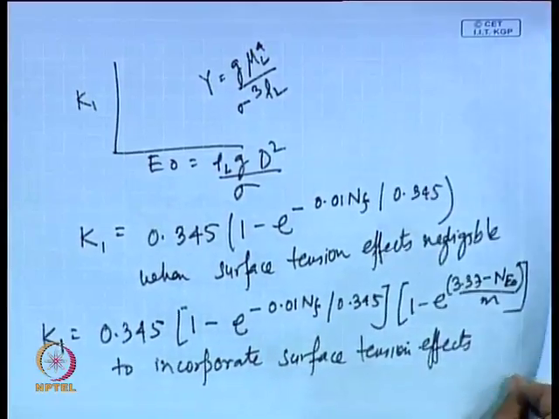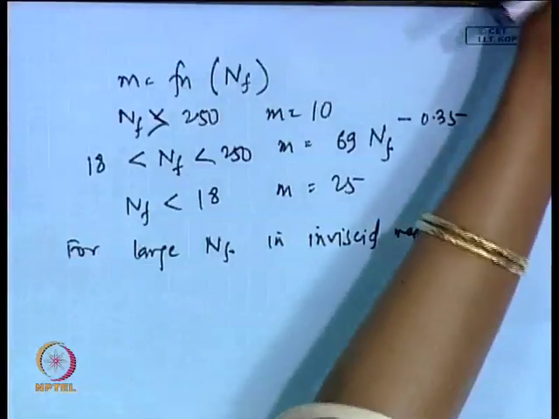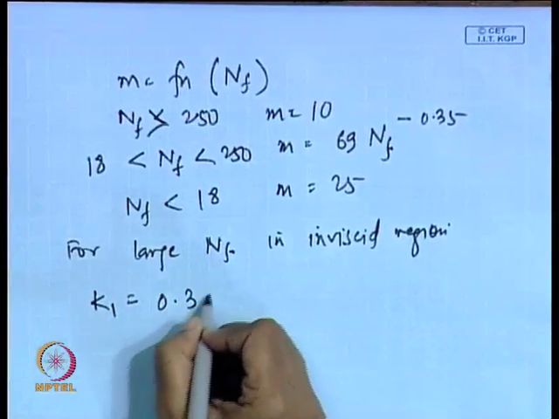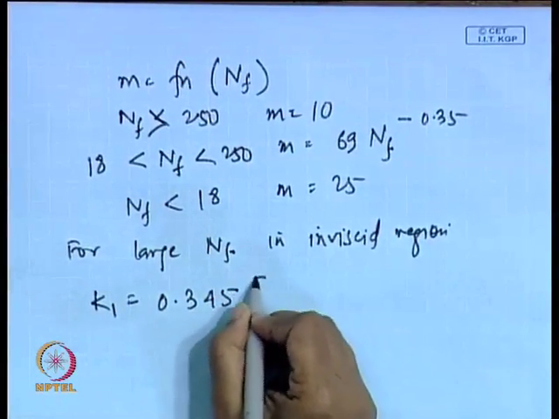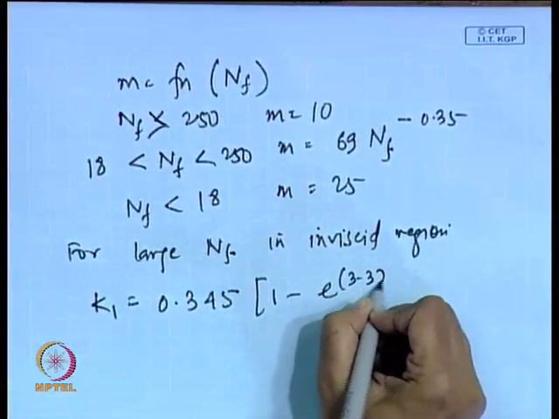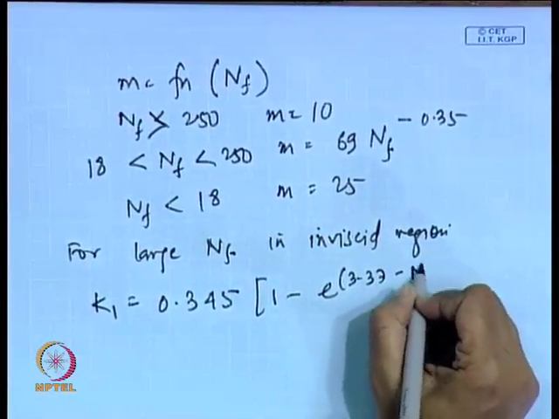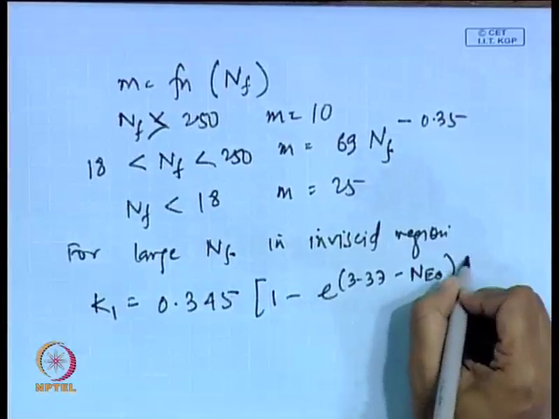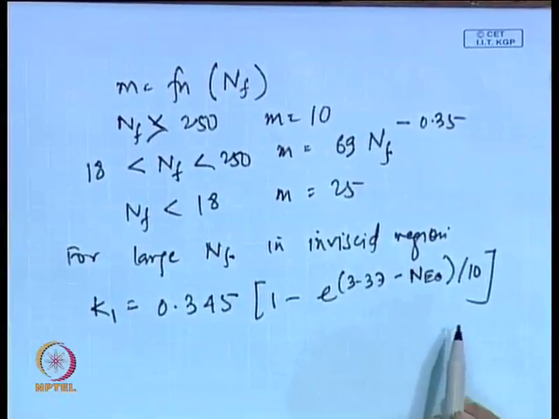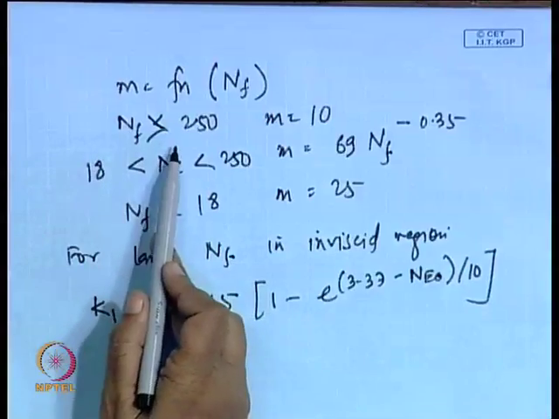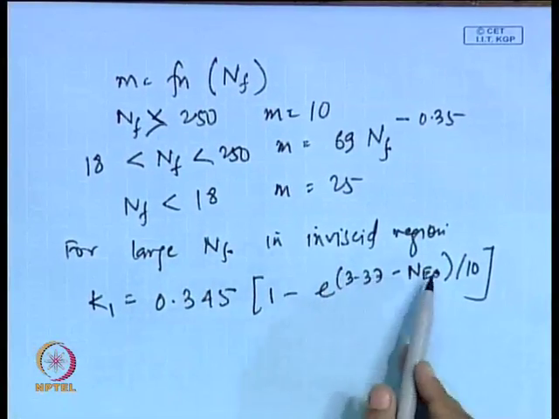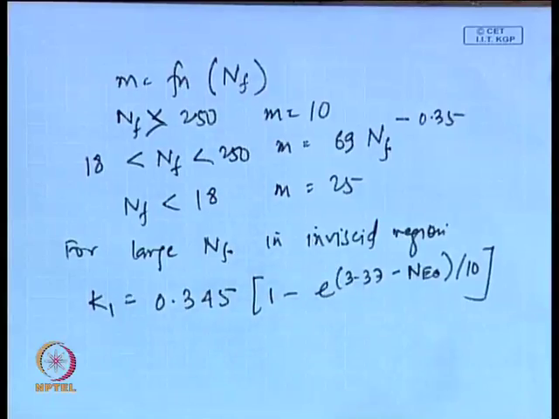So under those conditions we can write K1 equals 0.345 times 1 minus e to the power 3.37 minus the Eotvos number divided by 10. We directly take the value of m as 10, because for large NF, meaning NF greater than 250, m equals 10. So for large NF in the inviscid region, K1 can be taken as this.